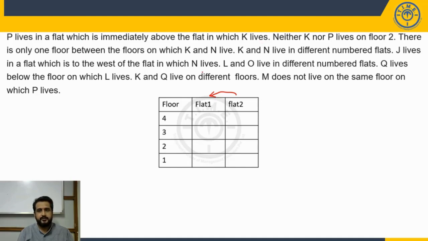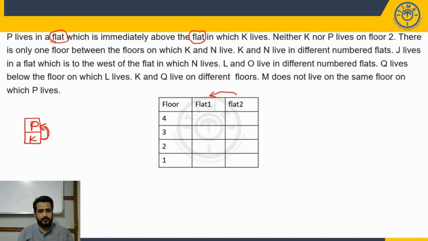We have not been given a flat number, but P lives in a flat immediately above the flat in which K lives. So both live in the same numbered flat, and the flat in which P lives is immediately above the flat in which K lives.